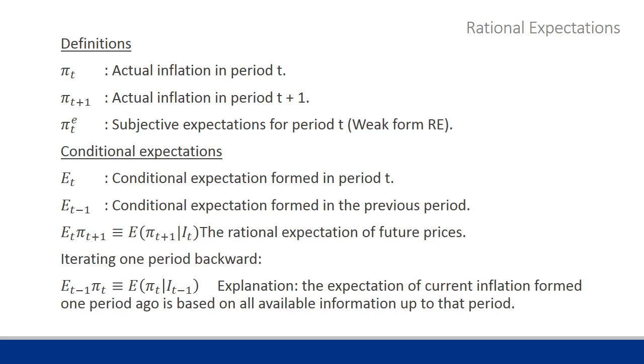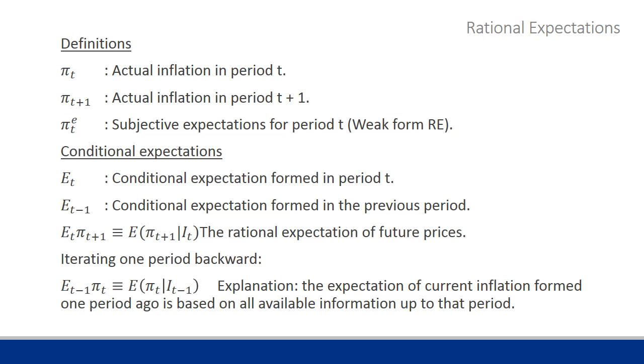Then we have conditional expectations. E t is the conditional expectation formed in period t. E t minus 1 is the conditional expectation formed in the previous period. Now E t pi t plus 1 is the conditional expectation of inflation in the next period, conditional upon, that's the sloping line, the information set of it.